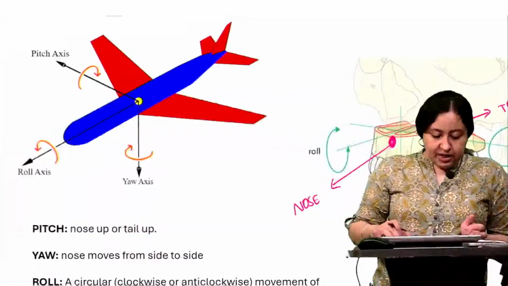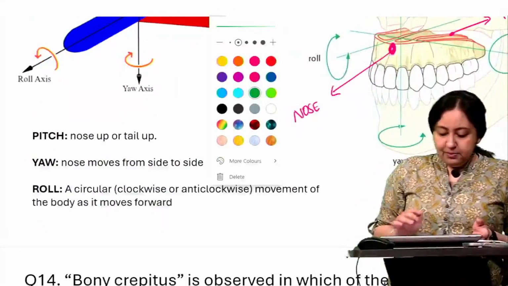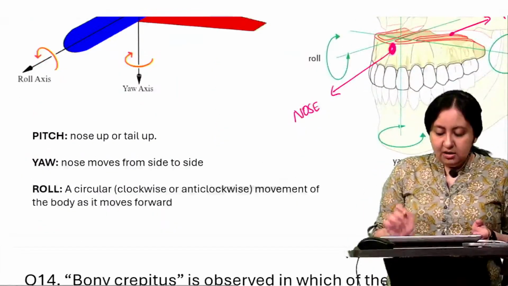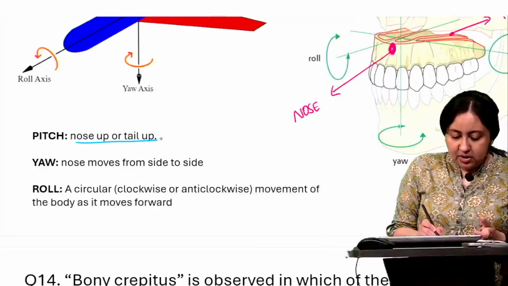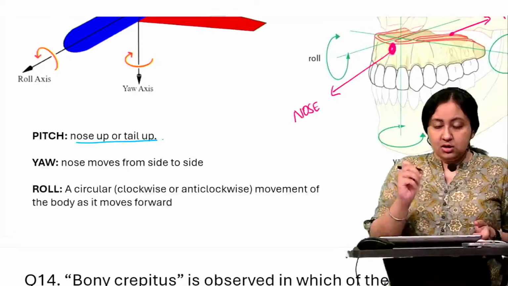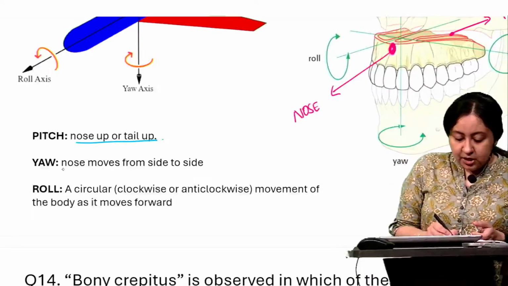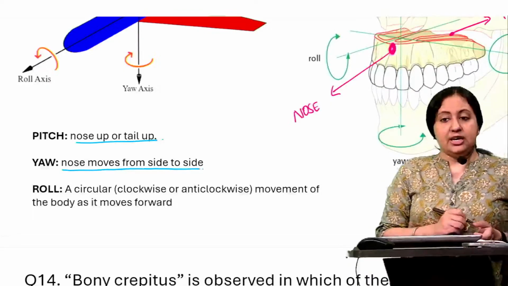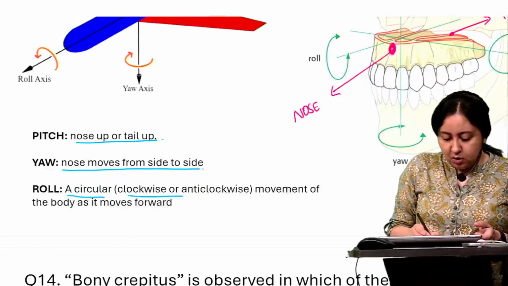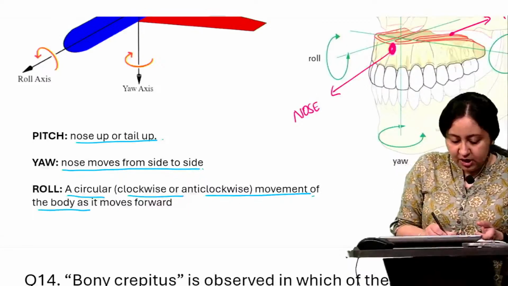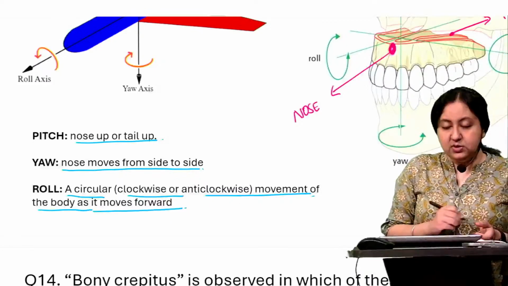So to make it very simple, I have not gone into the technical definitions of these terms. Pitch is nose up or tail up, so vertical direction. Yaw is the nose moving from side to side, and roll is a circular clockwise or anti-clockwise movement of the body as it moves forward.